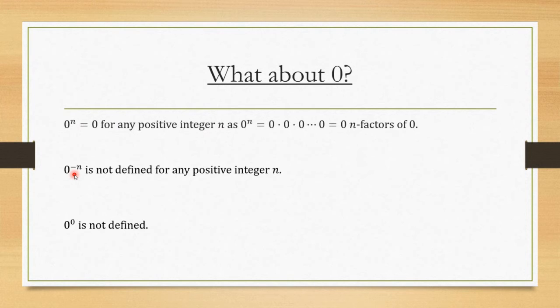You can't have 1 over 0. You can never divide by 0. And in fact, 0 to the 0 is not defined. I know it's tempting to say this is 1, but it's not defined.